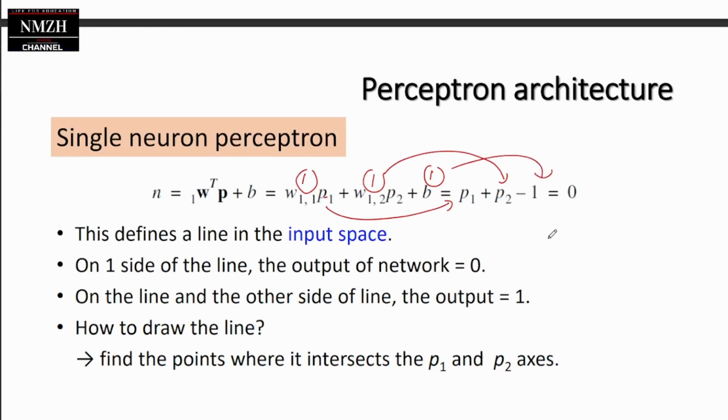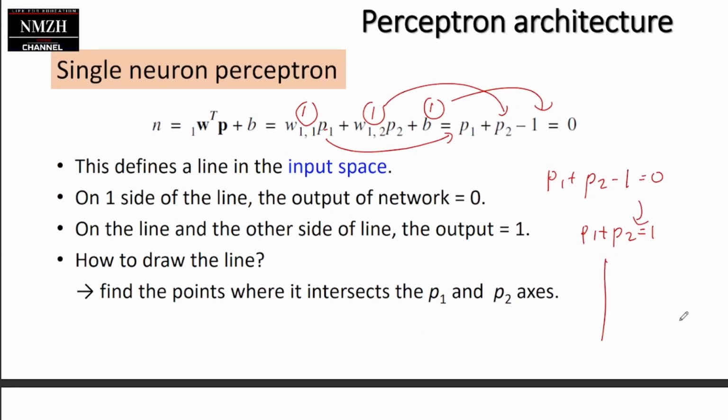So P1 plus P2 minus 1 is 0, meaning P1 plus P2 equals 1. This is basically the line. Let's say we put it this way.